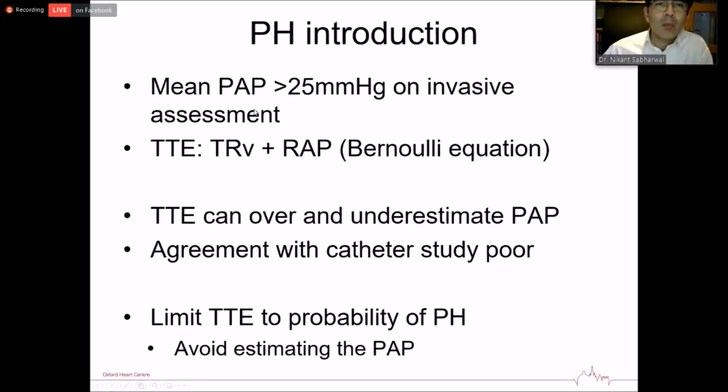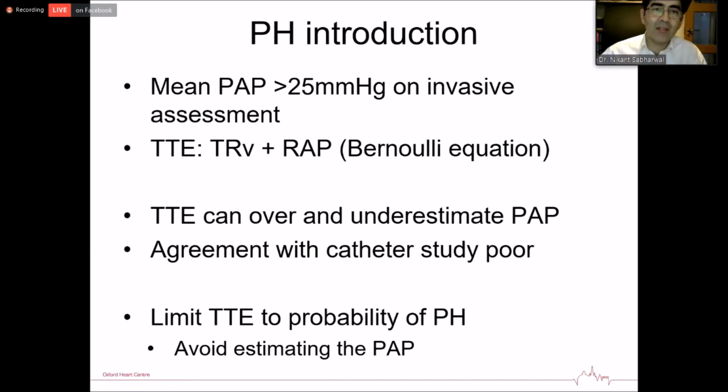So we know the mean pulmonary artery pressure on invasive assessment over 25 millimeters is considered significant pulmonary hypertension. And for decades, we've been using echocardiography by estimating the TR velocity and the right atrial pressure using the Bernoulli equation. And of course, there is a problem with this because whatever number we get, we square and then multiply by 4.